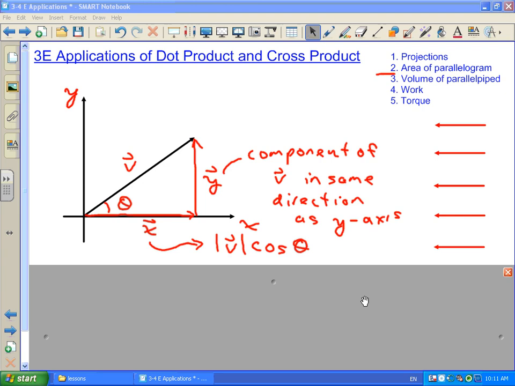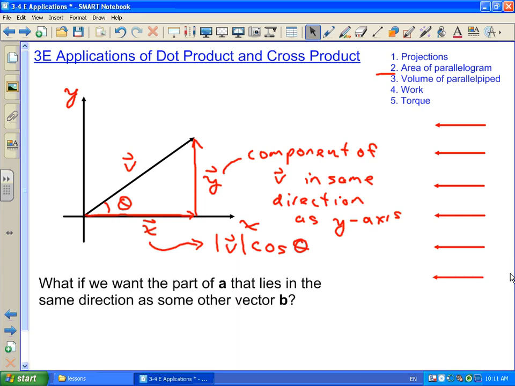Well, here's the question that projections sort of answer. What if instead of trying to find the part of this vector v or this vector a that lies in the x direction and the y direction, what if we want the part of some vector that lies in the same direction as some other vector? Okay, so now we have two vectors, and we want to take vector a and say, I only want the part of vector a that is pointing in the same direction as vector b.